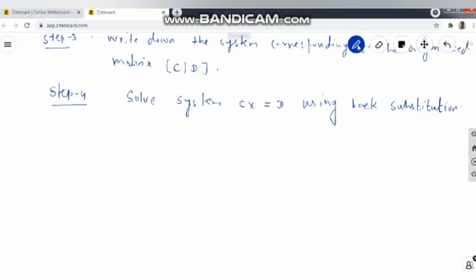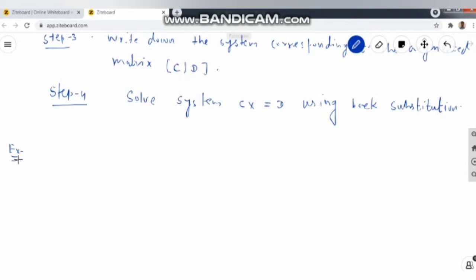Now let me take one example. A system of linear equations is given here.